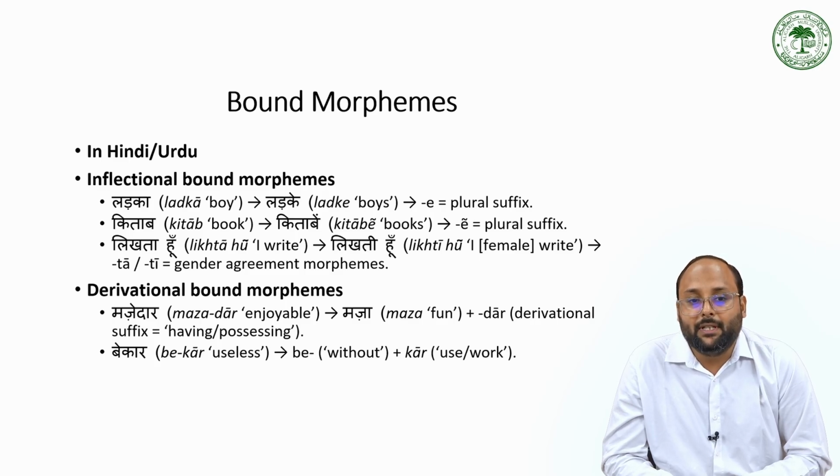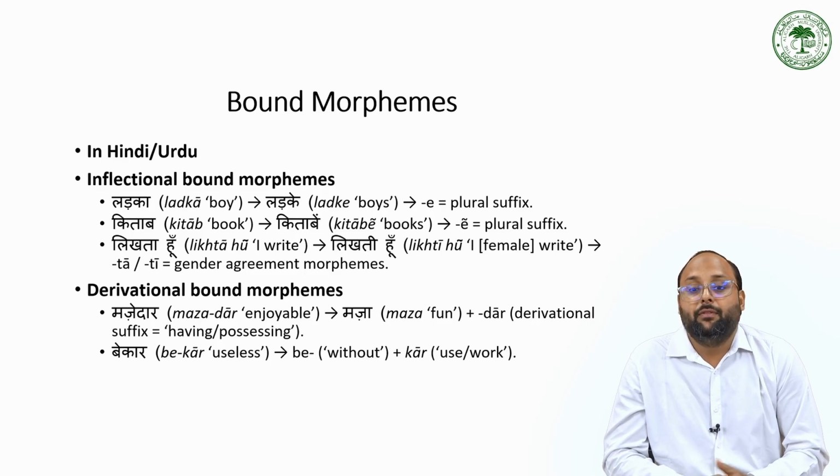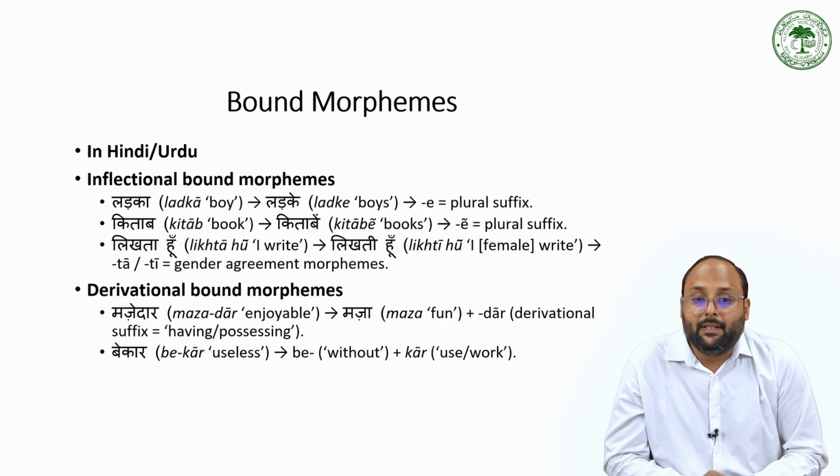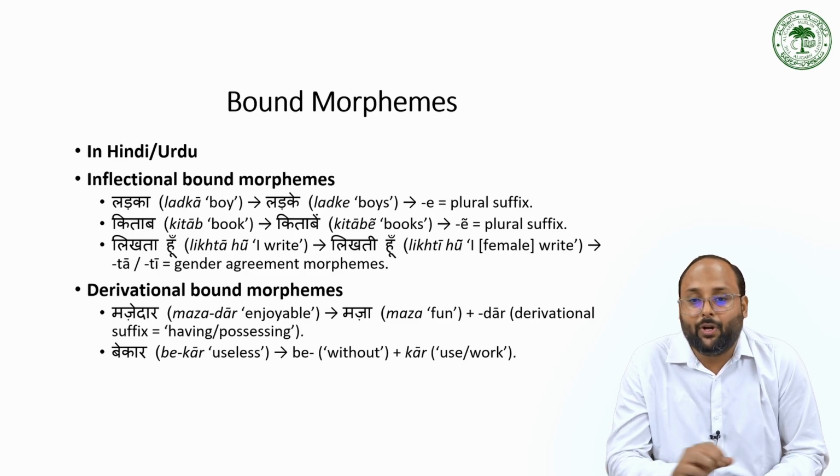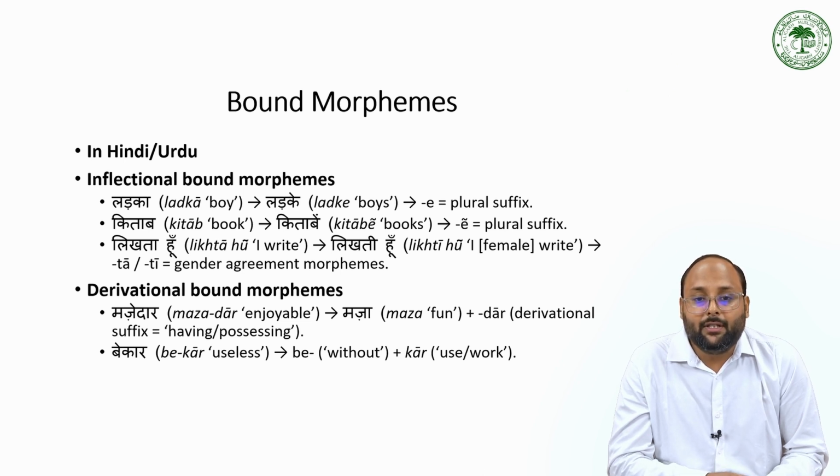And we have the word bekar. In bekar, be is the derivational bond morpheme which changes the meaning into negative. Be means without, it gives the meaning of negation. Kar means work or use, so the word kar changes into the negative and gives the sense of without.